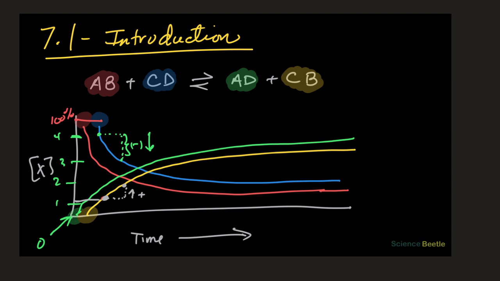When that happens, we can designate this point at the very end, whatever point that may be, as K. This is the point where equilibrium is going to be established. In general, in 7.1, this is exactly what we're trying to do: figure out what equilibrium is within the context of a reaction.